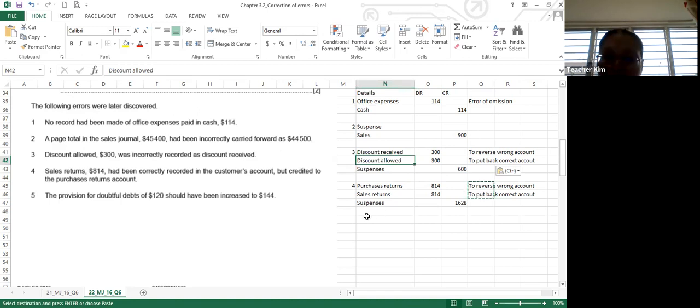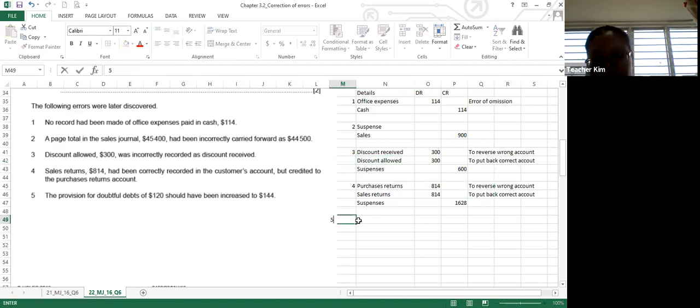This one also same. Question 5. The provision of doubtful debt 120 should have been increased to 144. Increase to means that we only take the difference. So income statement, we increase to 144. This is a balance carried down.